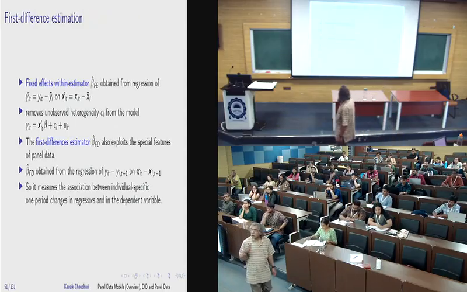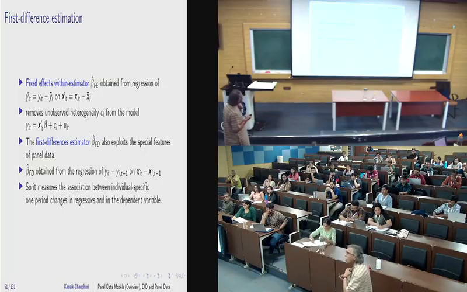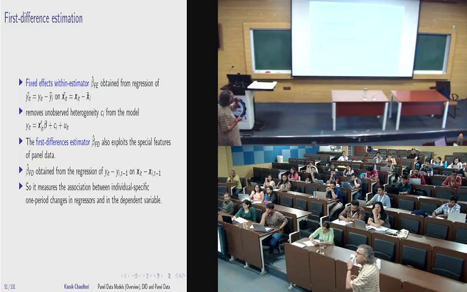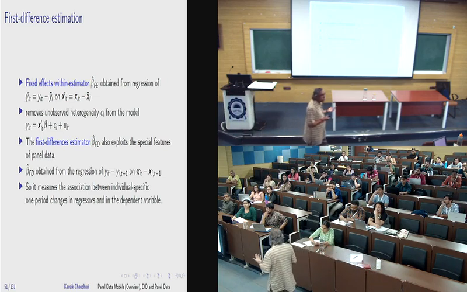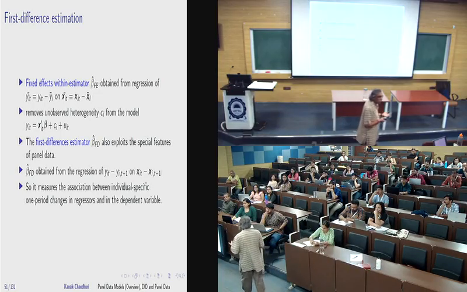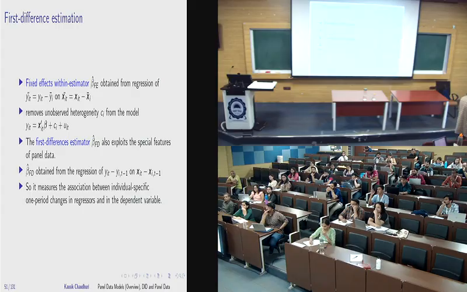Okay. So I want to think of a different way to get rid of the fixed effect or unobserved heterogeneity. Of course I can, because instead of taking xit minus xi bar and yit minus yi bar to get rid of my Ci, I can take a first difference transformation.